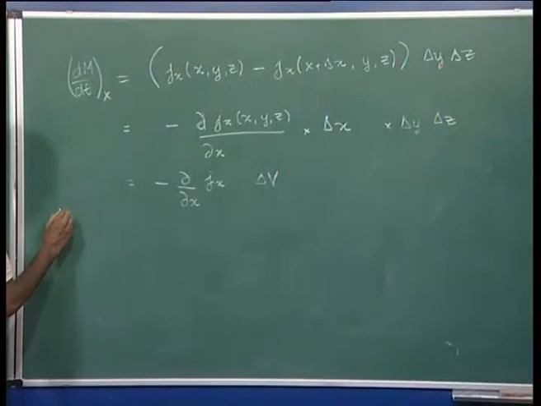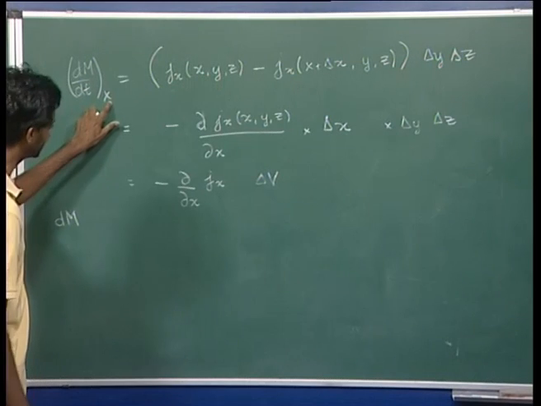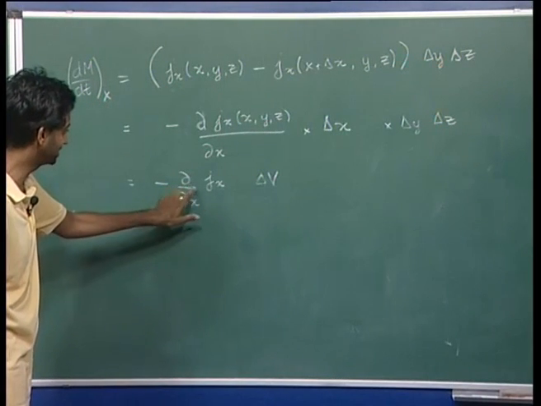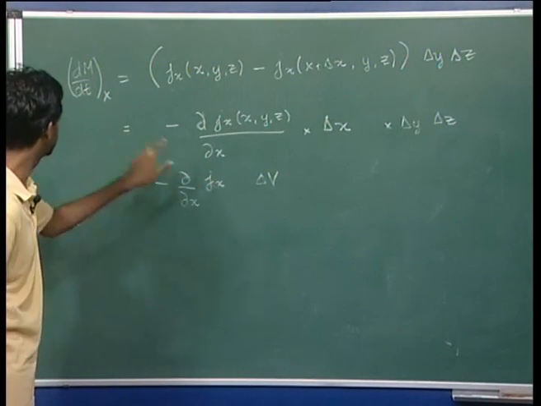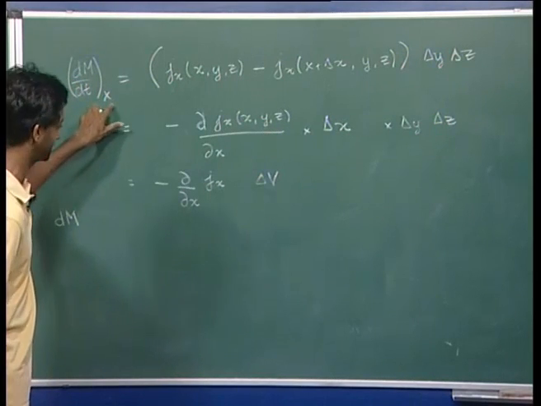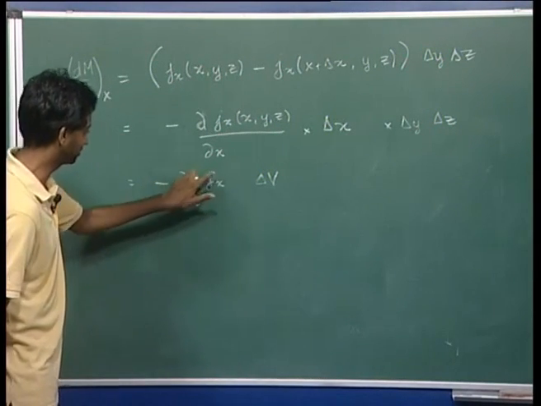Similarly, I can write similar expressions for dm by dt in the y direction, which will be d by dy of jy, and similarly dm by dt in the z direction as d by dz of jz.